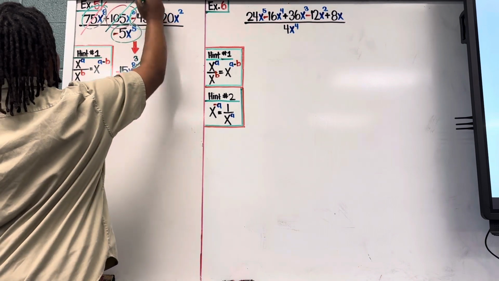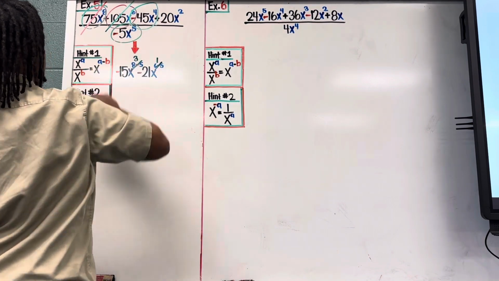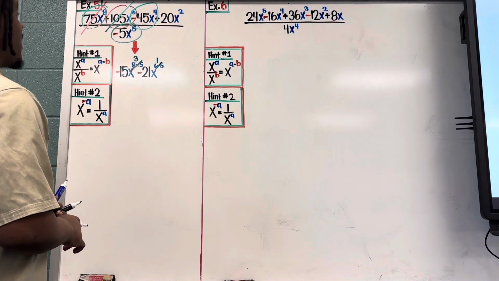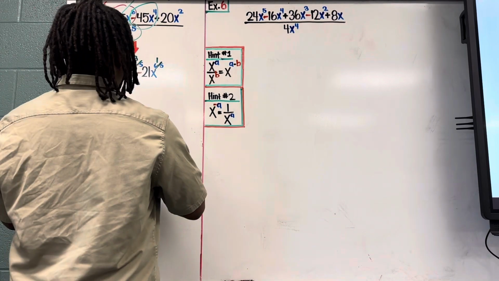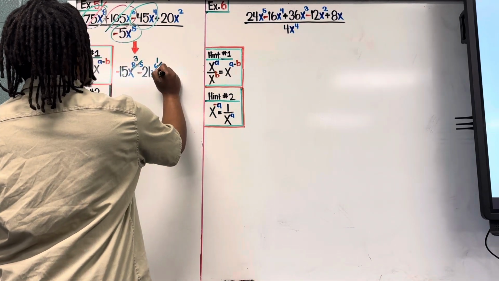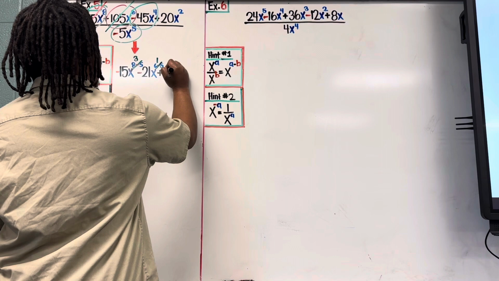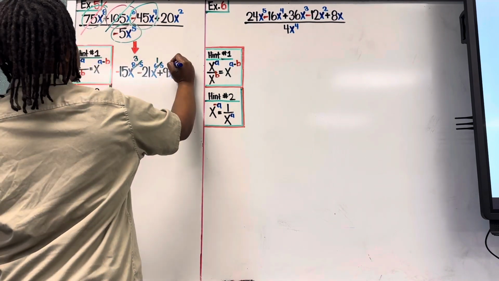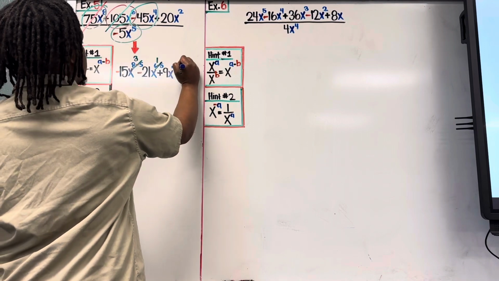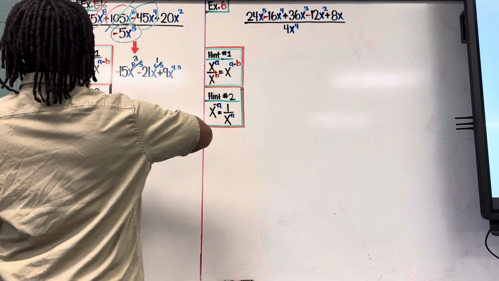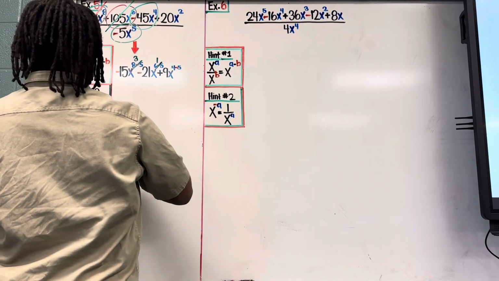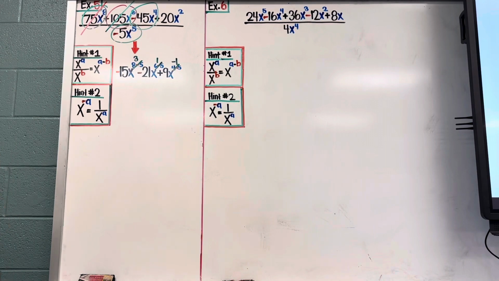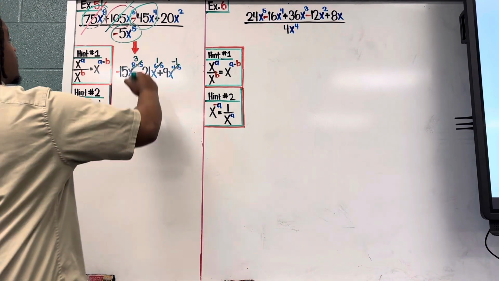Now I'm going to do negative 45x to the 4th power divided by negative 5x to the 5th power. Negative 45 divided by negative 5 is a positive 9, so that's plus 9x. And then it's the 4th power minus the 5th power, and 4 minus 5 is a negative 1. I'm going to talk about that at the end.